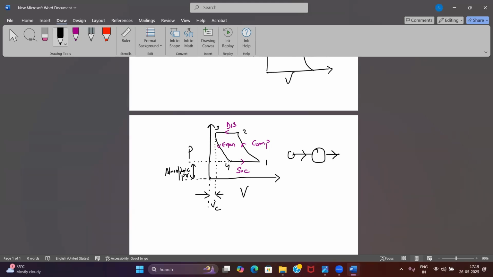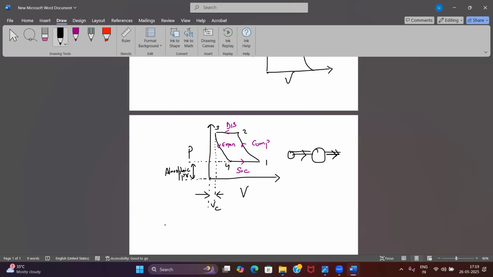The amount of mass of air entering here, the same amount of mass is coming out of here. Do you agree? The amount of mass of air entering inside your compressor cylinder will be the same; only the pressure and volume will change, isn't it? Mass will remain constant.